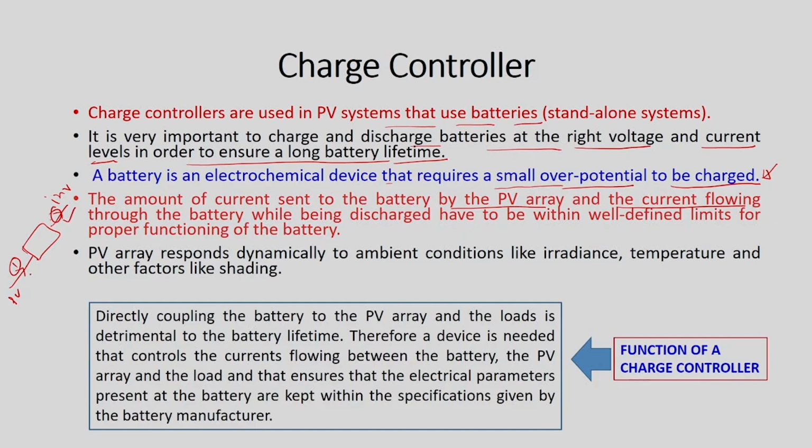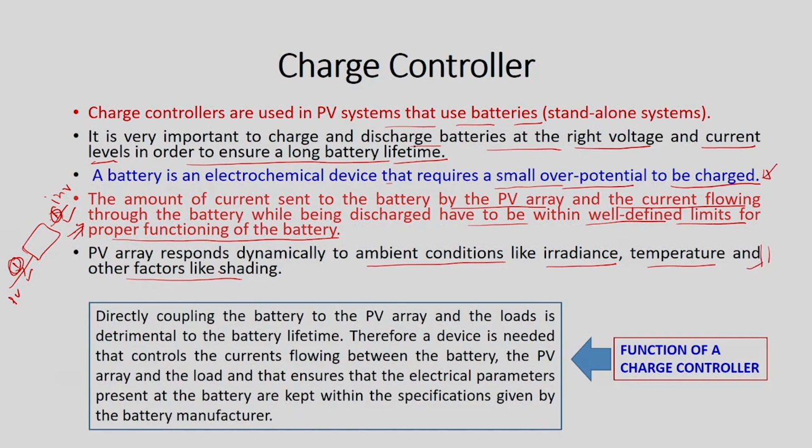This one is for discharge and this one is for charging, and both have to be within well defined limits for proper functioning of a battery. That is very important. The charging current and the discharge current have to be at the proper level as specified by the manufacturer. The PV array responds dynamically to ambient conditions like irradiance, temperature and other factors like shading, which we discussed in the last class.